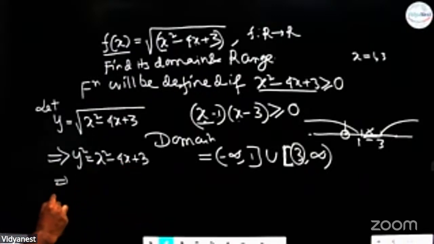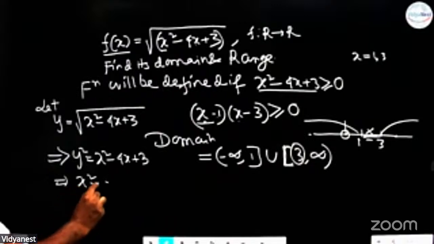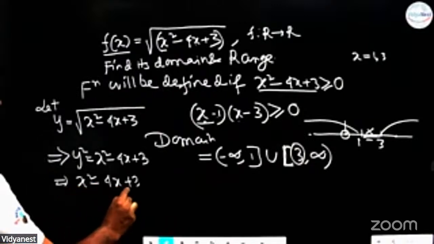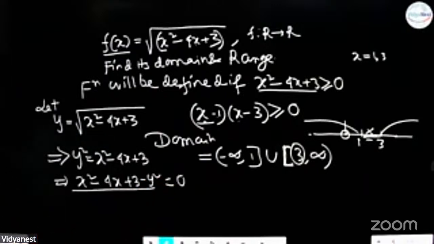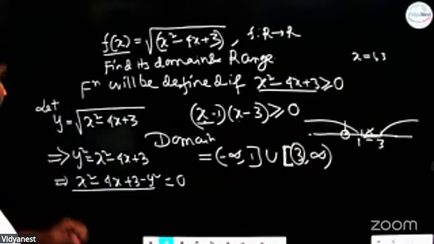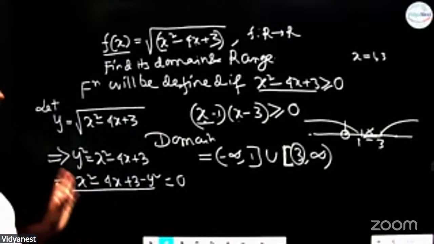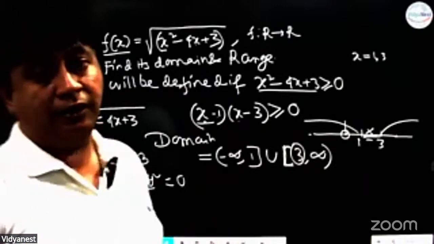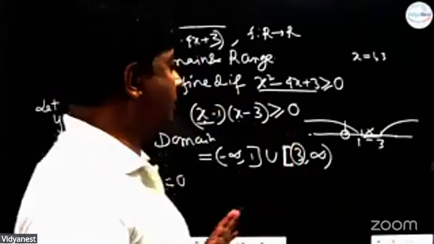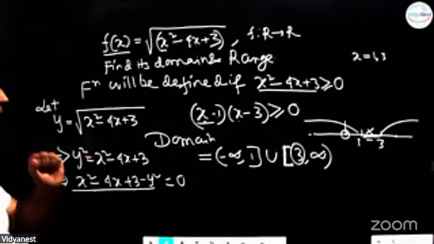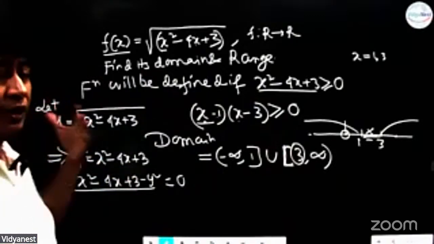Then x square minus 4x plus 3 minus y square is equal to 0. So what form is attained here? A very known form of quadratic, ax square plus bx plus c.